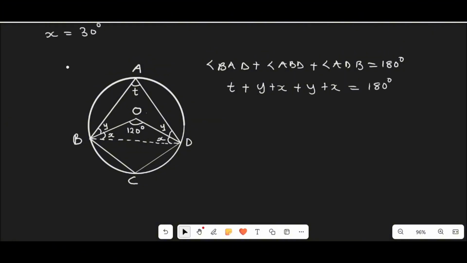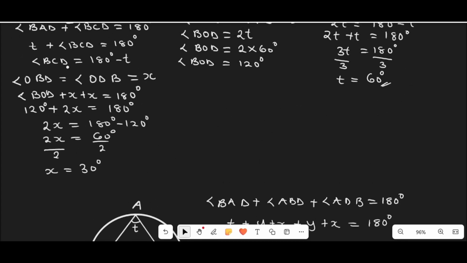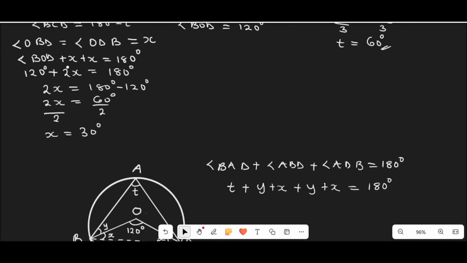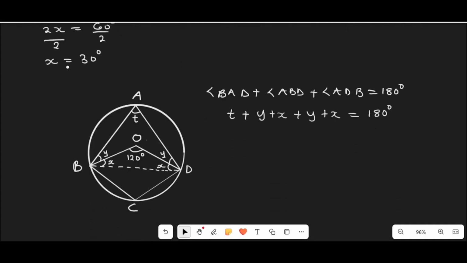But we have already gotten the value of our t and x. The value of t is 60 degrees and x is 30 degrees. So 60 degrees plus y plus 30 degrees plus y plus 30 degrees equals 180 degrees.